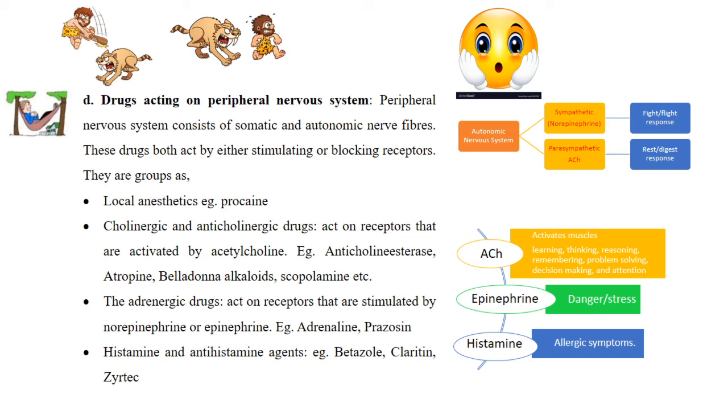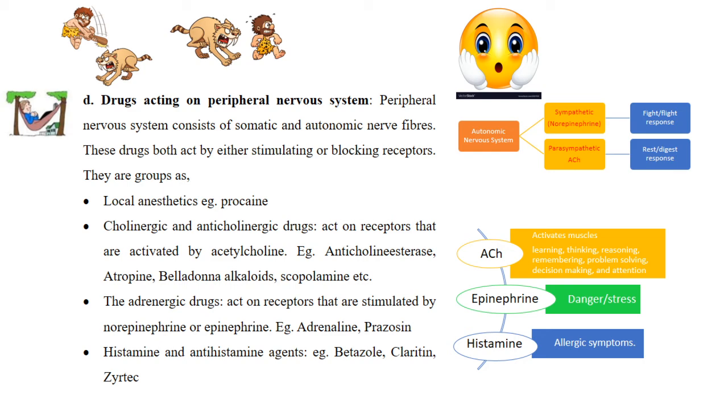The next one is anticholinergic drugs, used when excess stimulation of acetylcholine makes muscular activities or movements very high. For example, gastrointestinal or bladder movements are very high, with frequent urination or diarrhea. To reduce this acetylcholine, anticholinergic drugs can be advised.